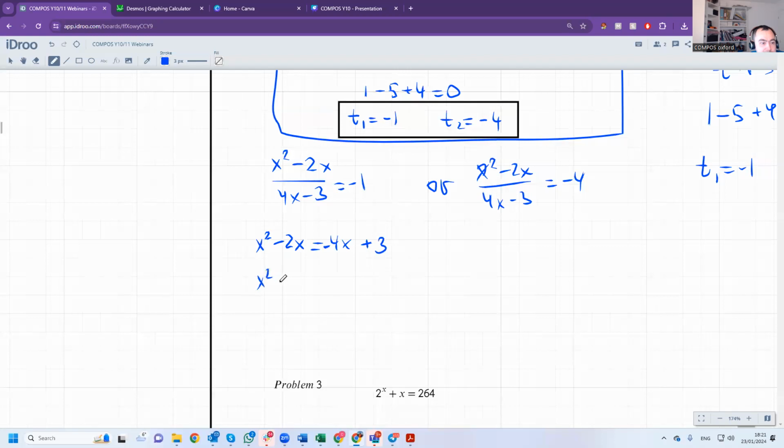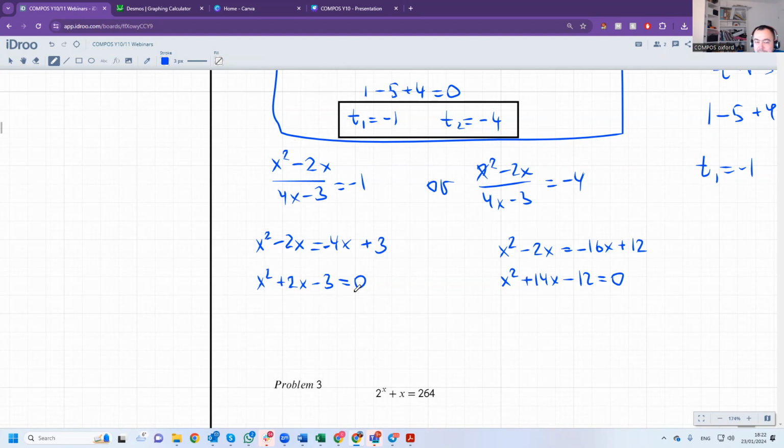So x squared plus 2x minus 3 equals 0. Or x squared minus 2x equals minus 16x plus 12, so x squared plus 14x minus 12 equals 0.